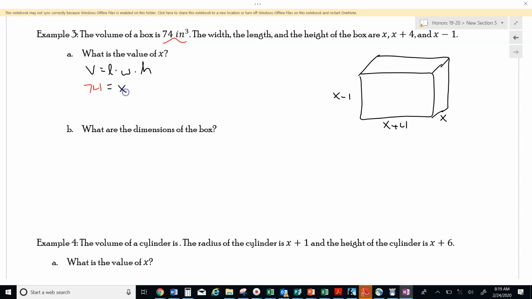So I have x times x plus 4 times x minus 1 equals 74. I can only solve things that are equal to 0. So I'm not even going to worry about multiplying this out, but I'm going to subtract 74 from both sides.